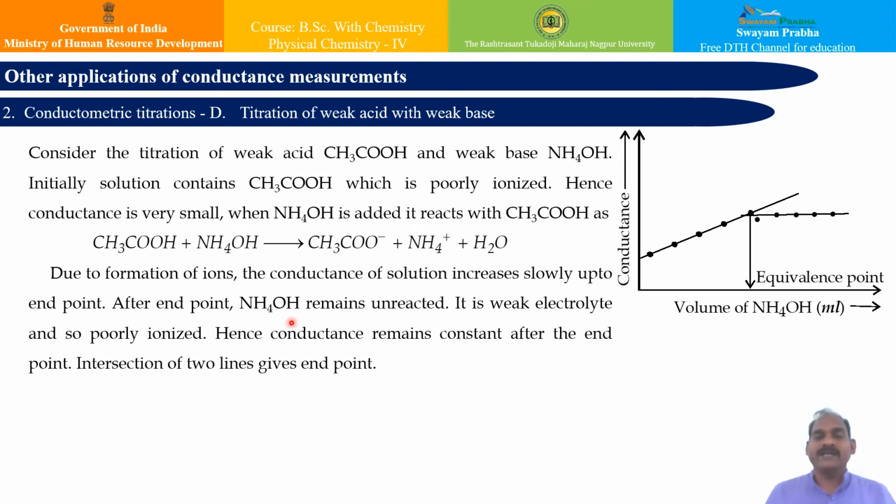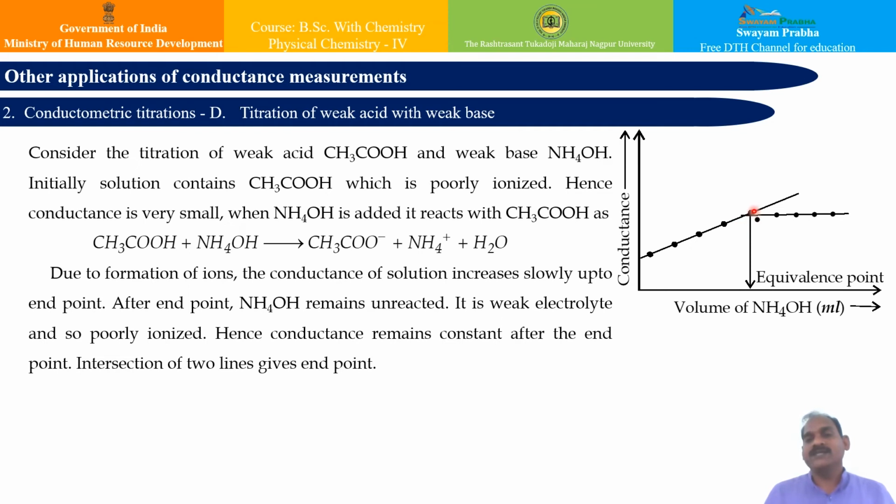After the end point, NH4OH remains unreacted and unionized, and since it is a weak electrolyte, it ionizes very poorly, and hence the conductance remains more or less constant after the end point. Therefore the intersection of two lines gives the end point as shown in this figure. Initially, when you add ammonium hydroxide to acetic acid, the formation of ions gives this very slow increase in conductance.